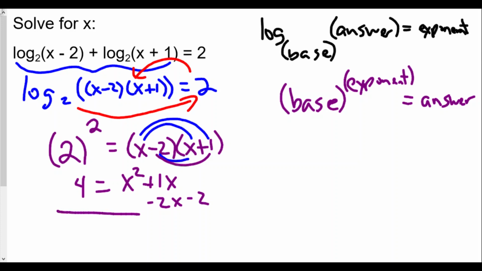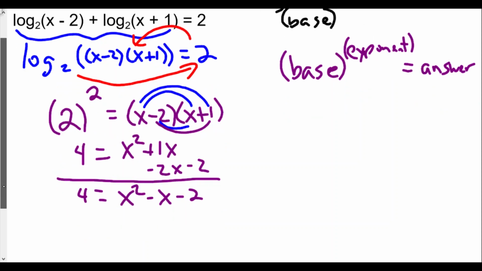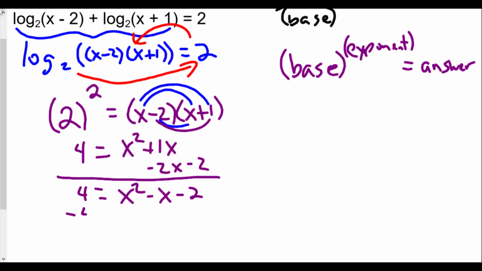When we combine this, we get 4 is equal to x squared minus x minus 2. Now, when we solve a quadratic equation, we subtract the 4 from both sides to set the equation equal to 0. That's how we always solve quadratic equations.